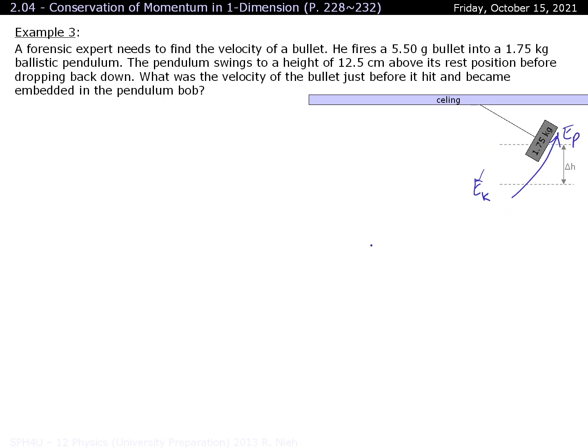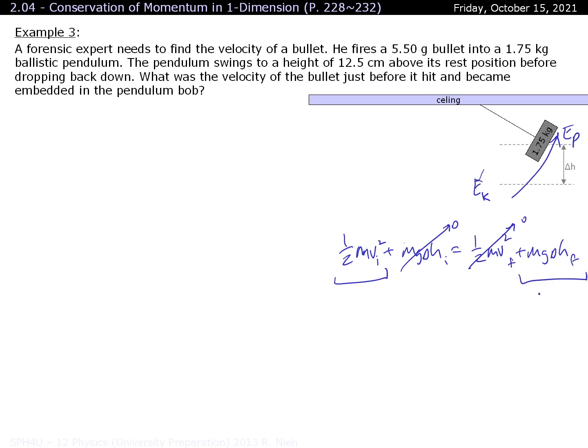Effectively, you have an equation that looks like this: 1/2 m v squared plus m g delta h, as combined objects, initial, is equal to 1/2 m v squared plus m g delta h, final. So initially it was at its lowest height, so this term goes to 0, and at the end it stops, so this term goes to 0. What this tells us is that 1/2 m v_i squared is equal to m g delta h_f.